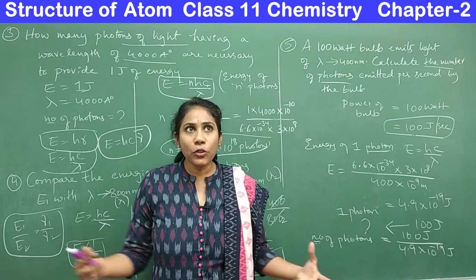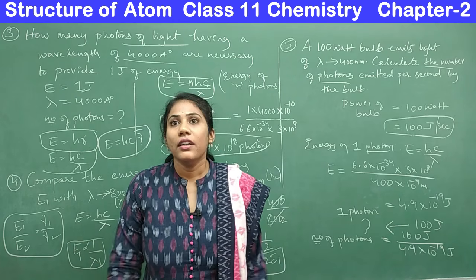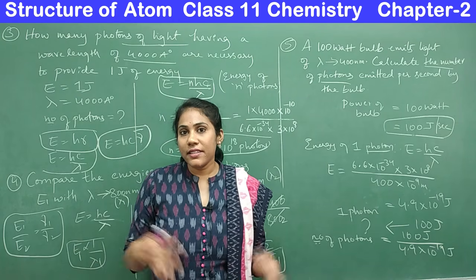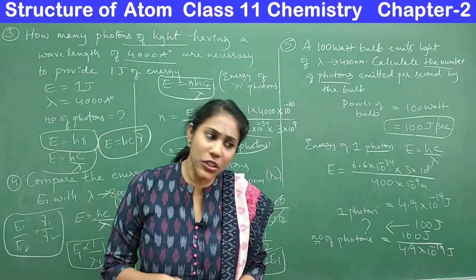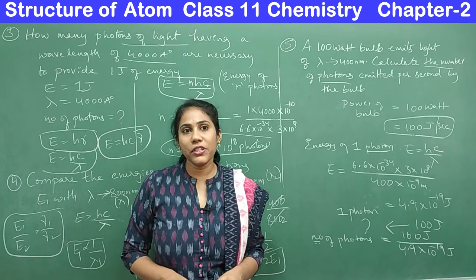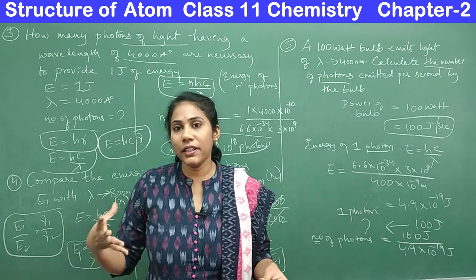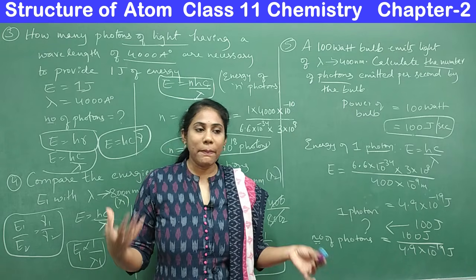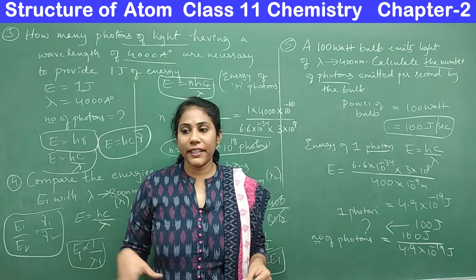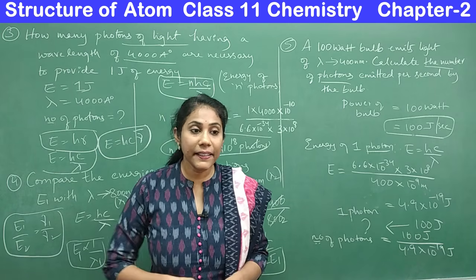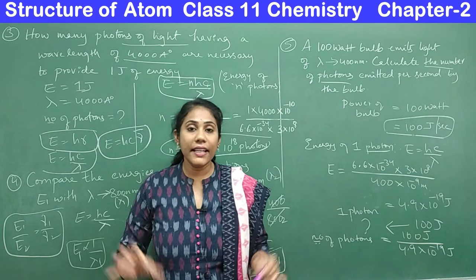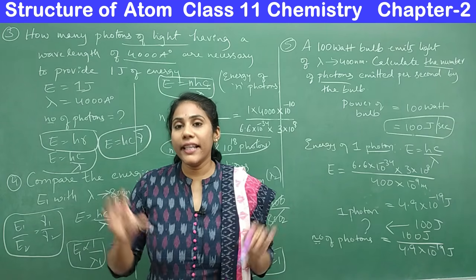This is one of the most important numericals that can be asked for board examinations as well as competitive examinations, right? So with this we have completed black body radiation, the particle nature of electromagnetic radiation and formulas regarding that. In my next class, let us talk about the photoelectric effect.